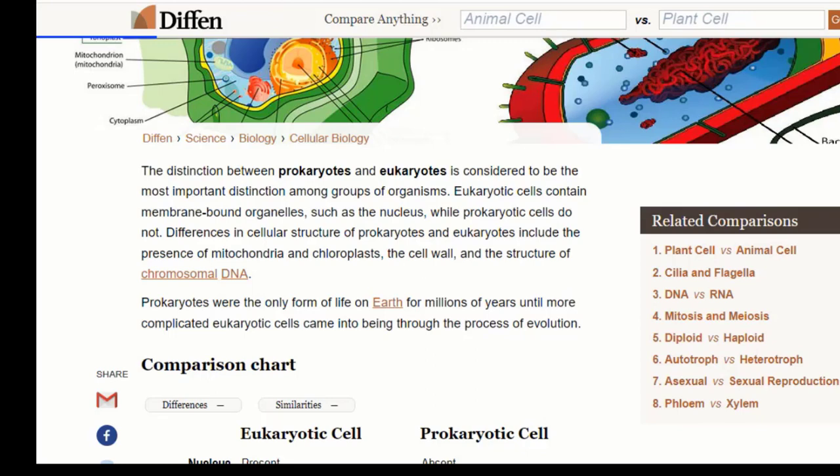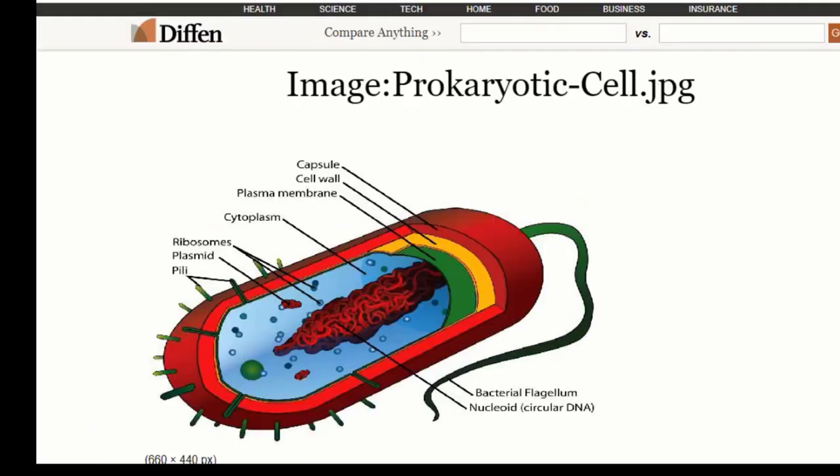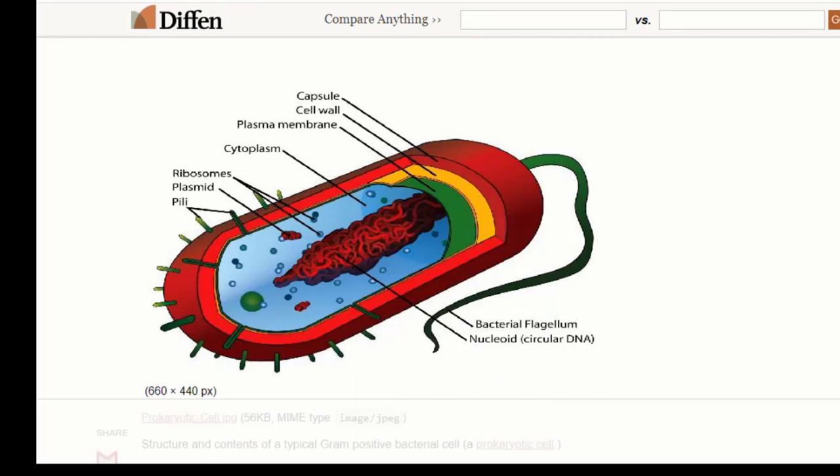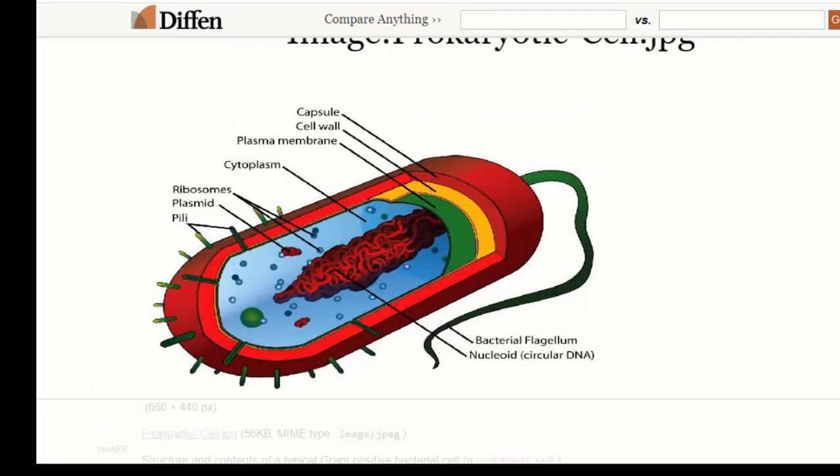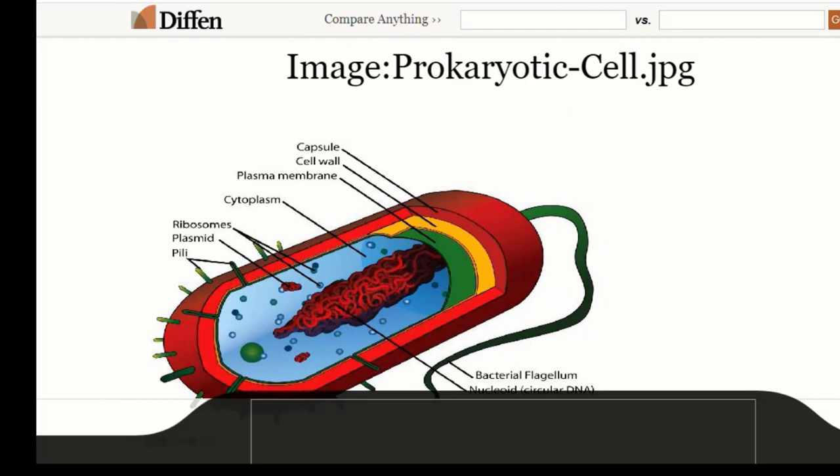there's an element of similarities and differentiation. Sorry guys, it's very slow. You can see this is the image of a prokaryotic cell.